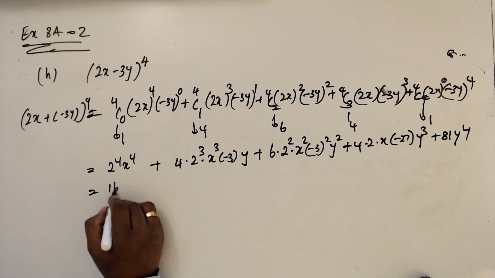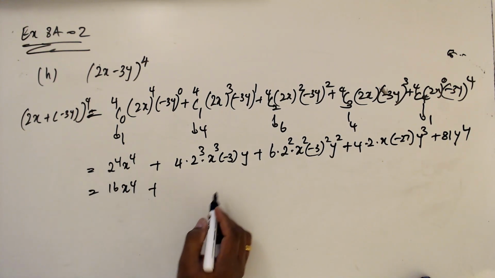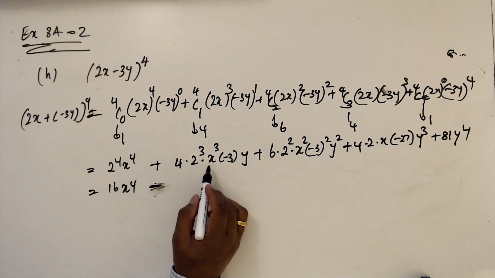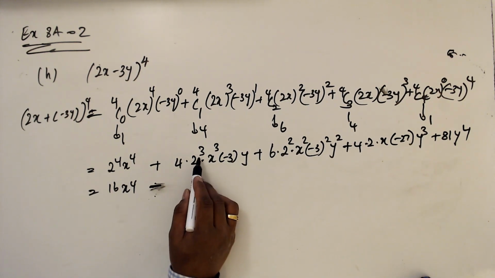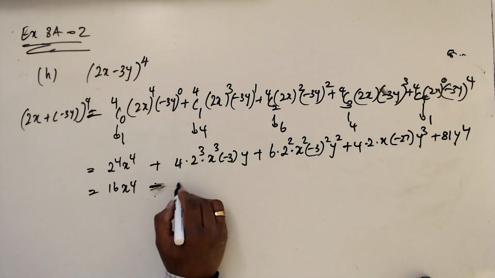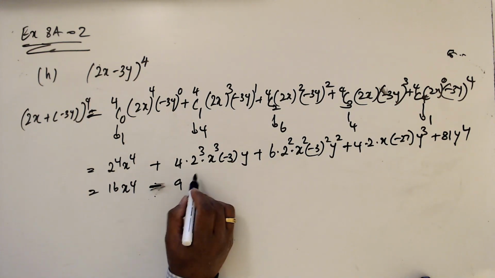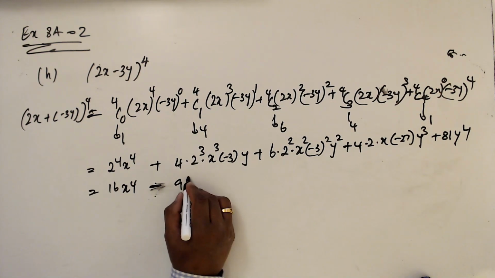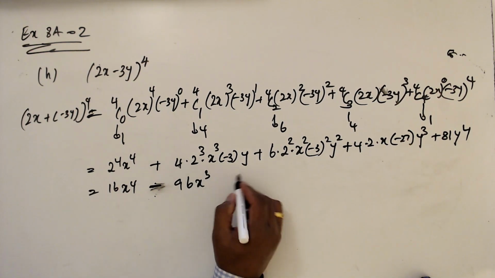So this is 16x^4. This is going to be a minus; I can see the minus sign. 2 square, 8 times 4, 32 times 3, 96 x cube.